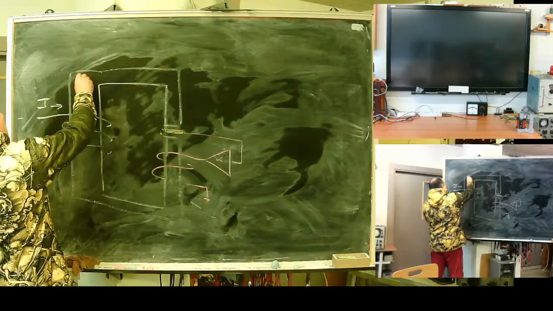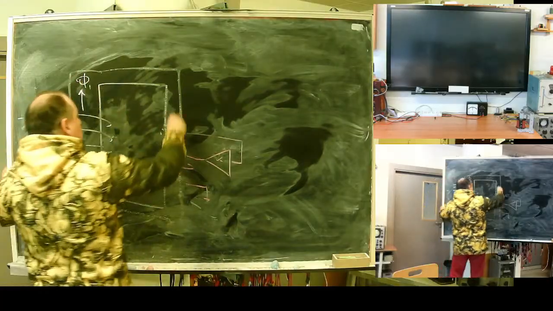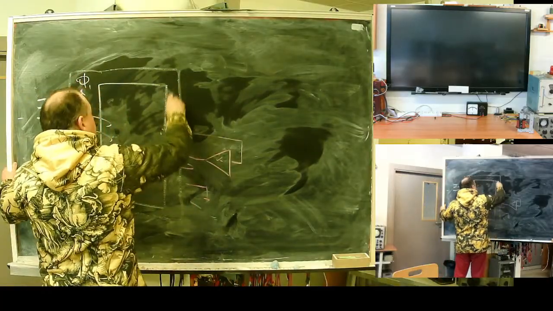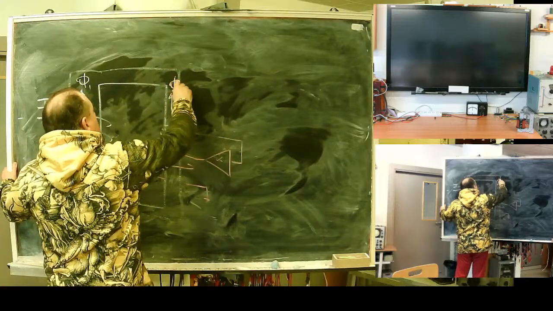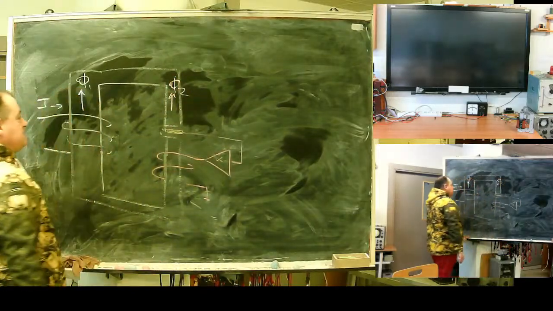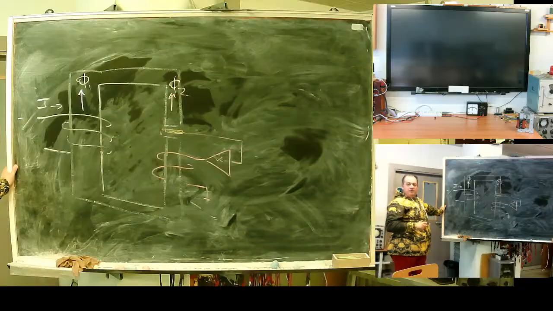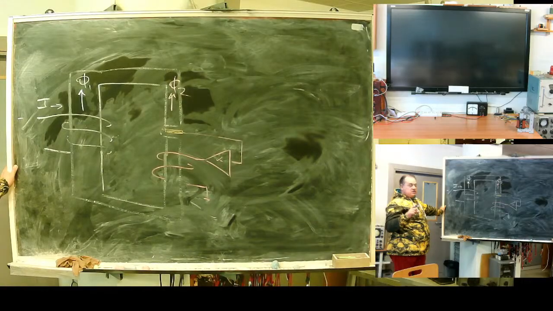So we have, say, flux 1, flux tube. This amplifier produces a signal until the whole EMF is zero.